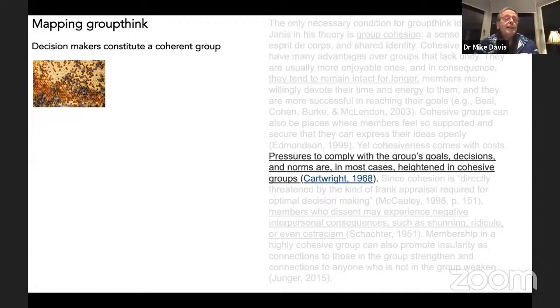So essentially what I'm arguing here is that there is a double-edged sword in the challenge that we face in bringing together people in effective groups.